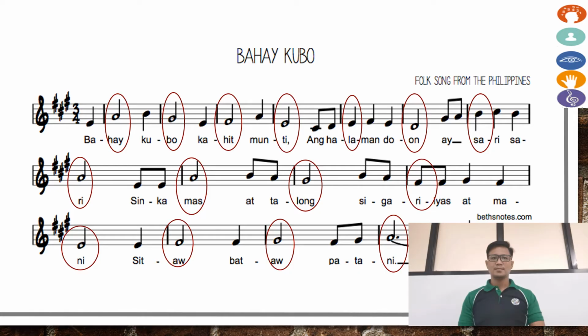Let's proceed to the next time signature, the 3/4 time. Remember that the encircled notes are your downbeat. Before we proceed to the song, let us practice first the conducting pattern in 3/4. 1, 2, 3. 1, 2, 3. 1, 2, 3. 1, 2, 3.